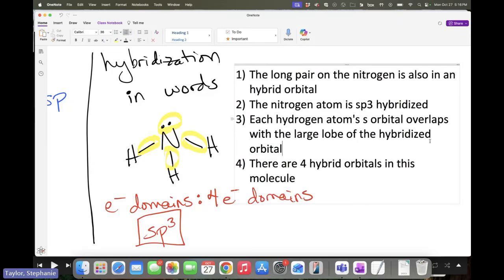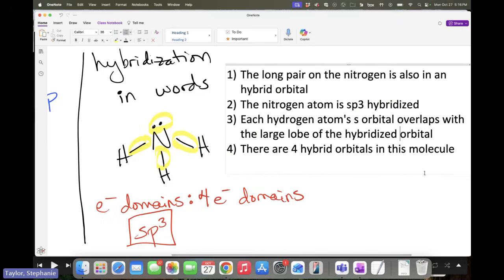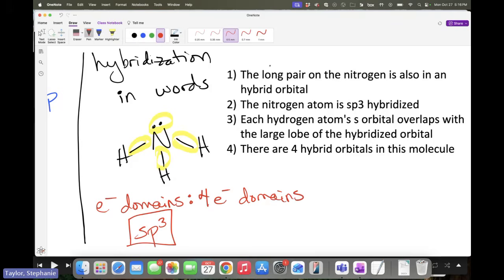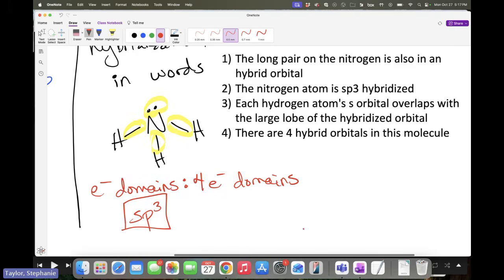So there are 4 statements. Let's walk through how each one of these is a true statement. The first one says the lone pair on the nitrogen is also in a hybrid orbital. That is true. Nitrogen has these 4 sp3 hybrid orbitals, and it has a lone pair that goes into one.